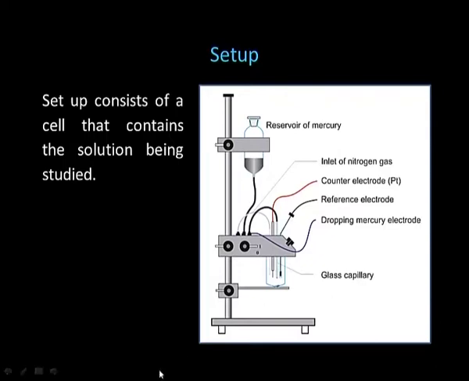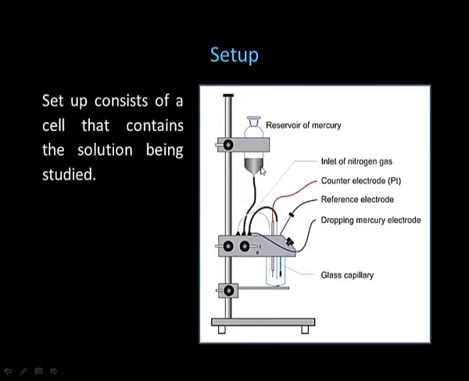One is the counter electrode, which is normally platinum, the reference electrode, which may be a calomel electrode or silver chloride electrode, and the dropping mercury electrode, which possesses a glass capillary having a very fine bore, which is connected through a PVC tube or rubber tube with the help of a reservoir of mercury.